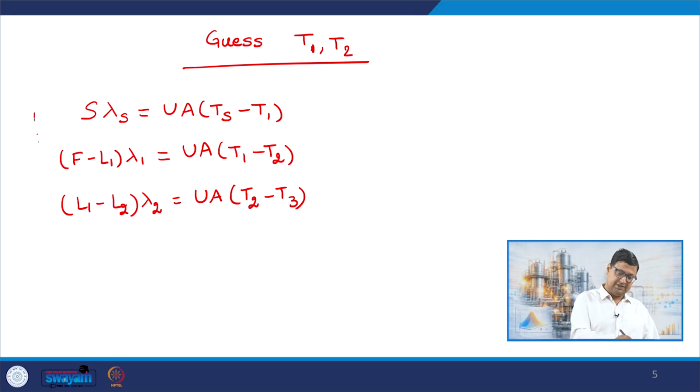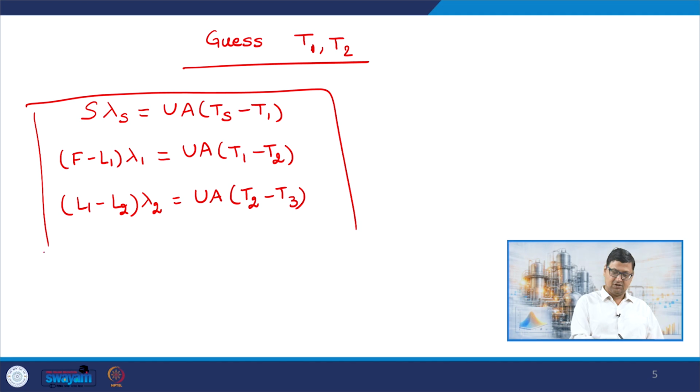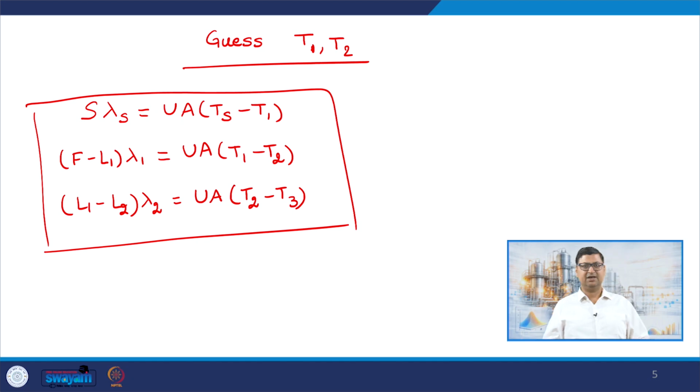In these equations, what is going to happen if I do not have the correct values of T1, T2 and T3? Clearly, if I am trying to get area from there, we will not get the correct value of area. So let us say I get area from the first, second and third equations here.